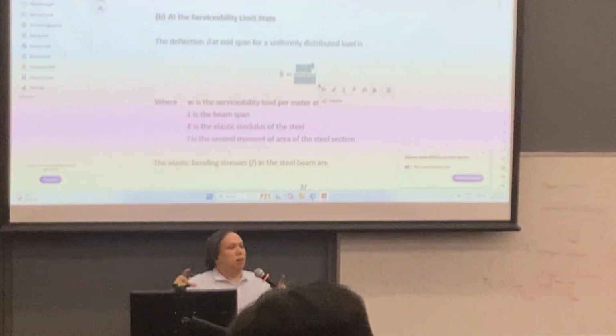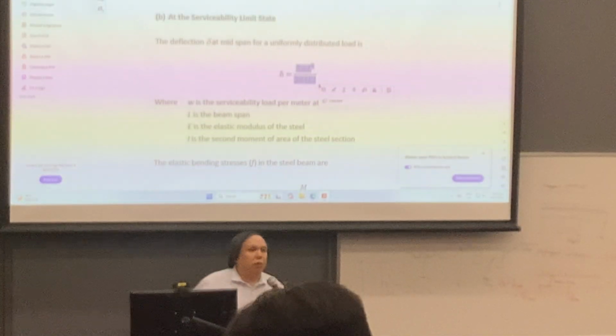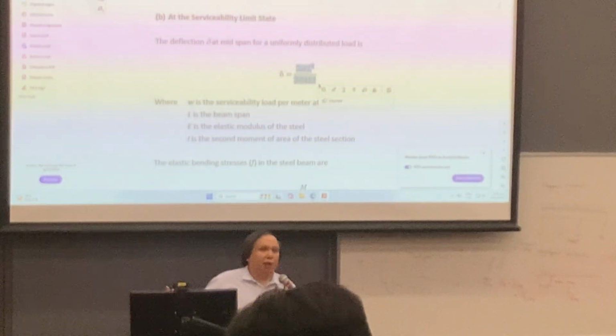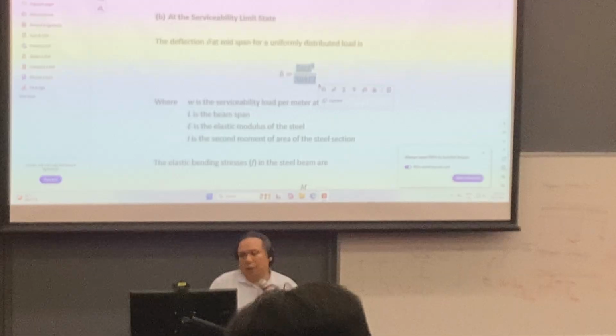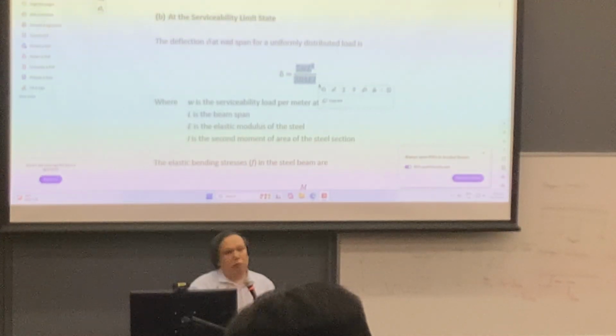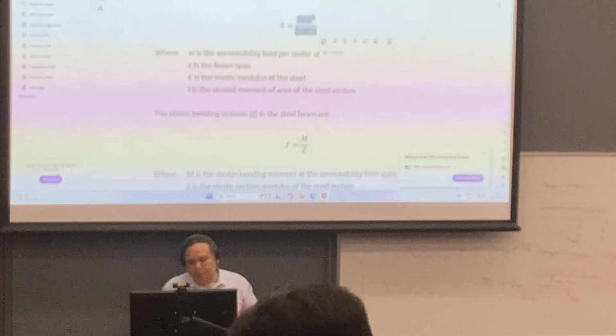If it is pure steel or pure wood or pure material, it is simple. Okay, but when you have a composite of the materials, how can you solve these kinds of questions? Okay, so you need to think about that.